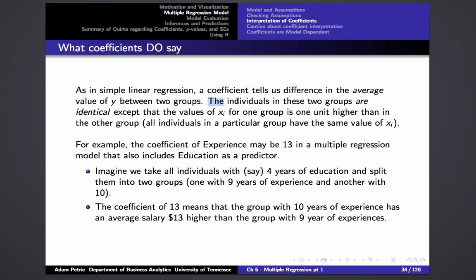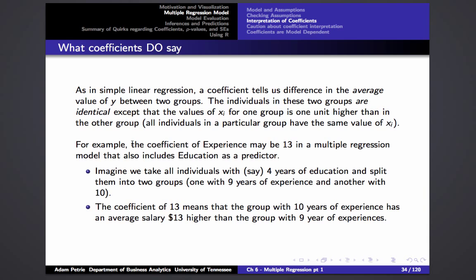Basically, what we assume is that the individuals in these two groups are identical, except that the xi values for one group are 1 unit higher than the xi values in the other group. So what the coefficient is saying is that we expect the average value of y to be different between those two groups by bi units. That's all it's saying. It's only talking about the expected difference in average values here.